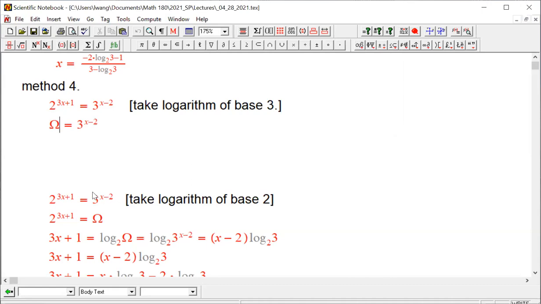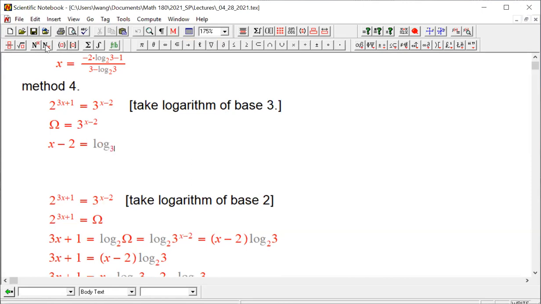So you're getting x minus 2 equals log base 3. I'm using the definition. Do you guys follow me? And of course, this is log base 3, and omega is this guy.